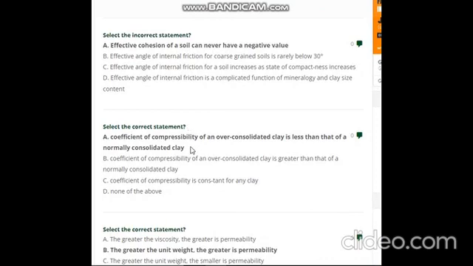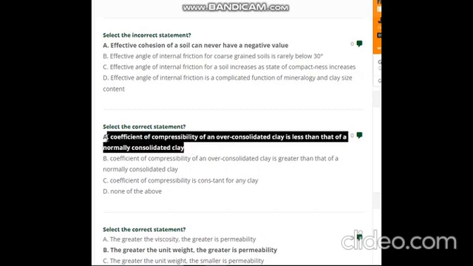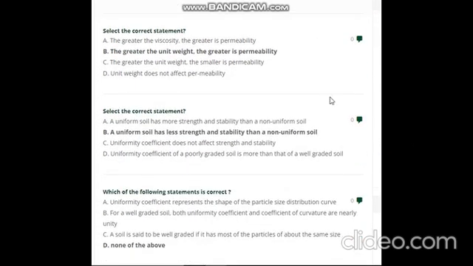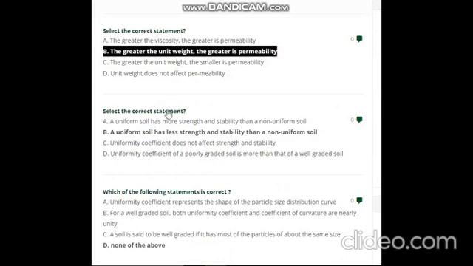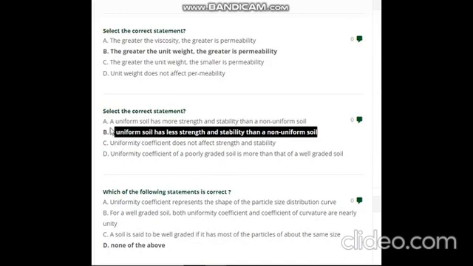Coefficient of compressibility of over consolidated clay is less than that of the normally consolidated clay. The greater the unit weight, the greater is permeability. A uniform soil has less strength and stability than a non-uniform soil.